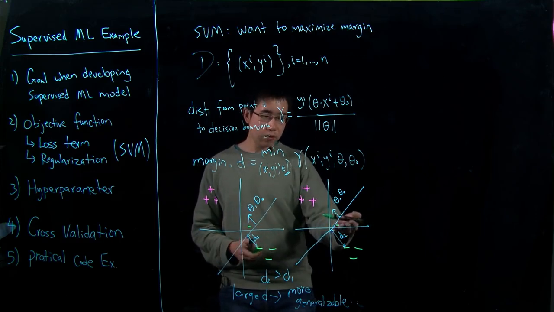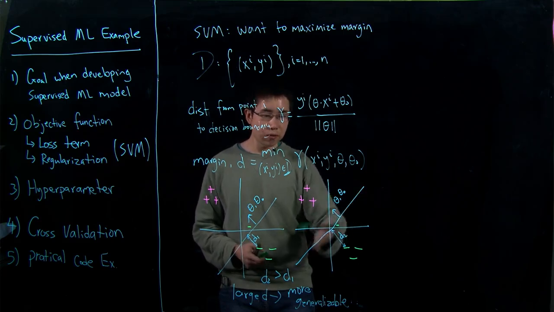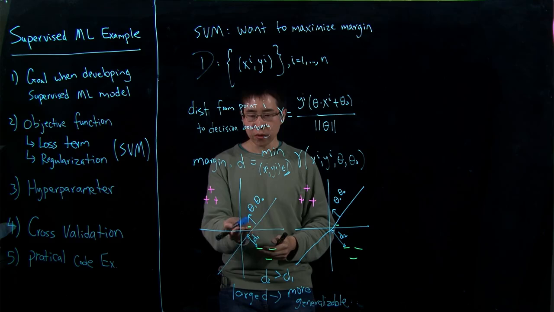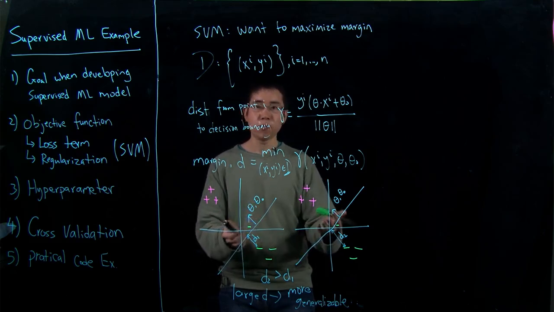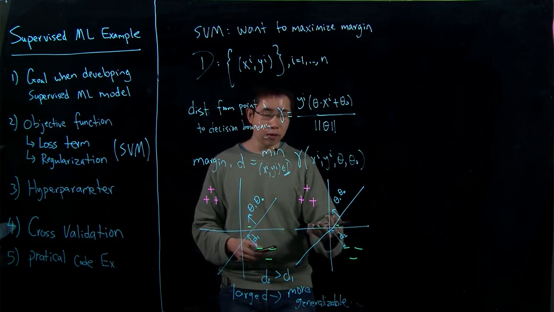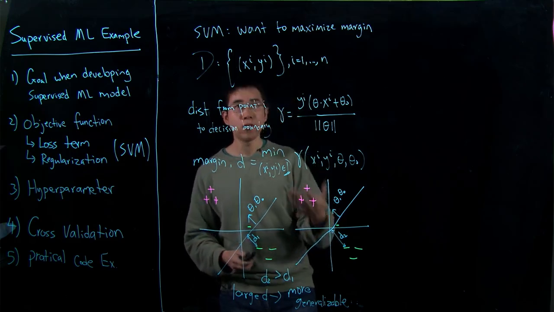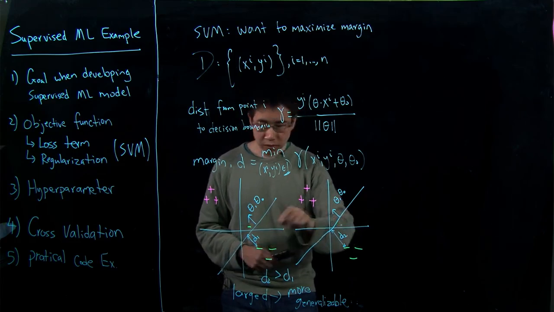In this case, because of the large margin, this test data point is still correctly labeled by this decision boundary. Whereas in this case, the test data point is actually misclassified by the decision boundary. And here we see why having a large margin is better and allows for more generalization. So the goal in SVM, again, is to maximize the margin. Let's remove the test data point for now.